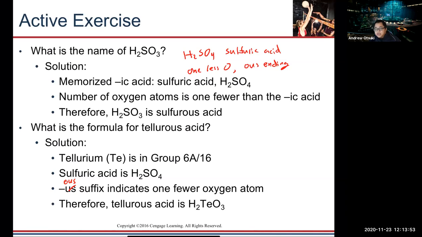And so it's the same kind of name. We have the same ending, OUS, for tellurous acid. Okay, so hopefully it's not too intimidating. This chapter causes a lot of headache for most students, so it's important that you spend a lot of time honing your nomenclature skills here.